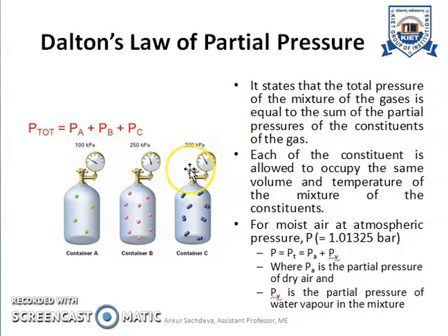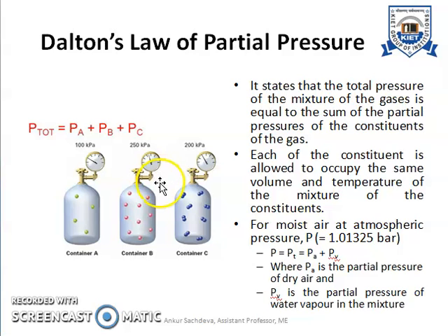If we add all three pressures, 100 plus 250 plus 200, it becomes 550 kilopascal.